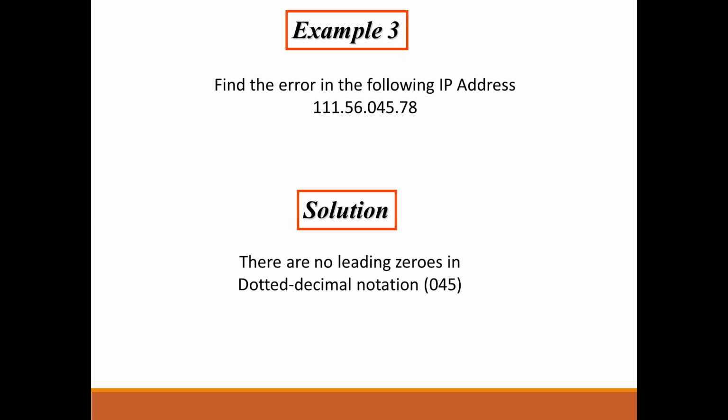So here the address given is 111.56.045.78. The solution to this problem is that there are no leading zeros in dotted decimal notation. As we have seen in dotted decimal notation, we have not seen a number starting with 0.